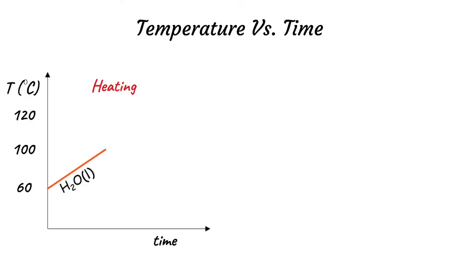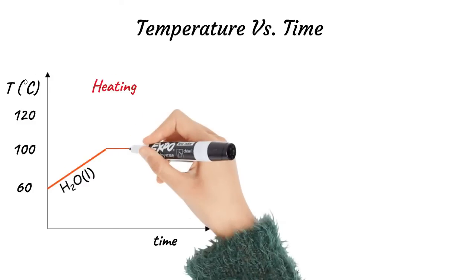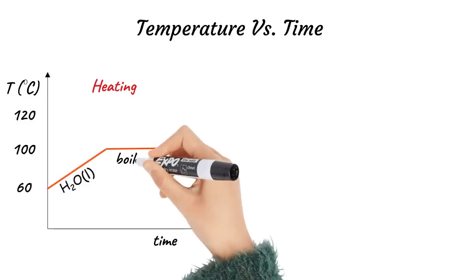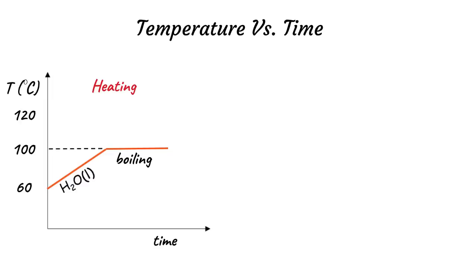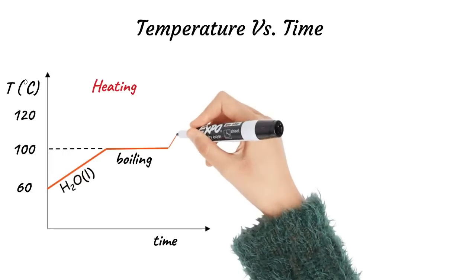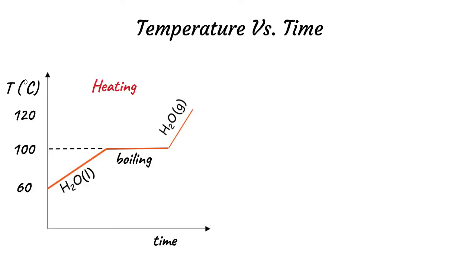At 100 degrees Celsius, the liquid water boils. In other words, the phase changes from liquid to gas. Note that during a phase change, the temperature remains constant. Therefore, the temperature remains constant at 100 degrees Celsius when water boils. Once all the liquid water is converted to water vapor, the temperature increases with time until 120 degrees Celsius.